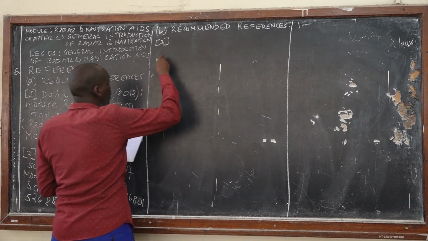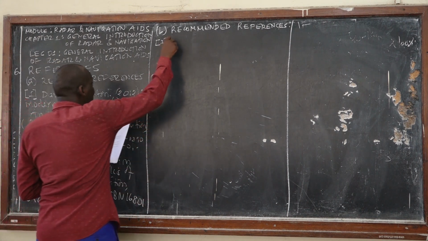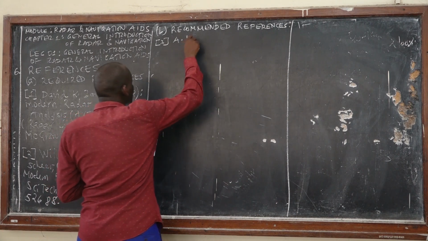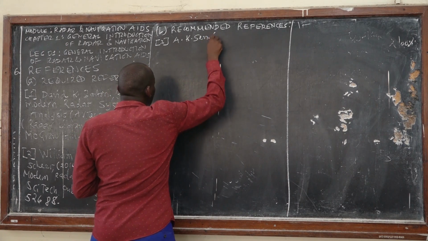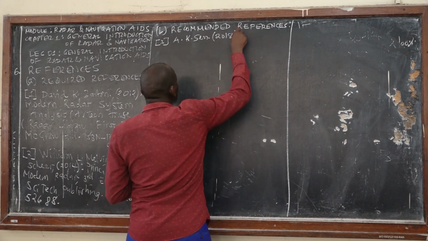Okay, so this will be reference number 3. The author is A.K. Sen. The year of publication is 2018. I'm about to end this lecture.